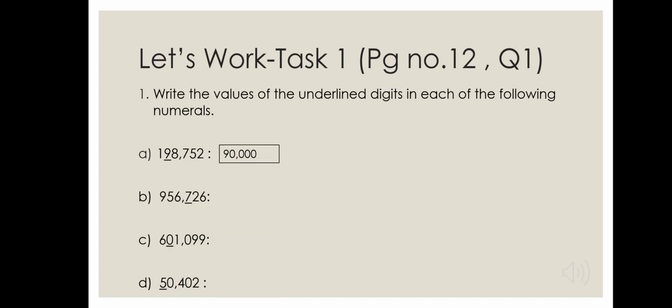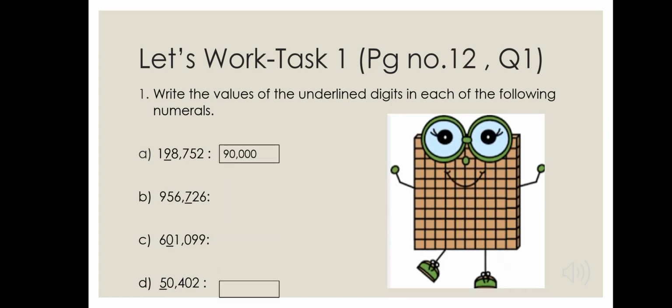Part A says 198752, which can be pronounced as 1,98,752. So you have to write the place value which the underlined digit holds.